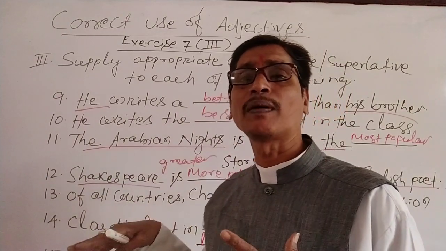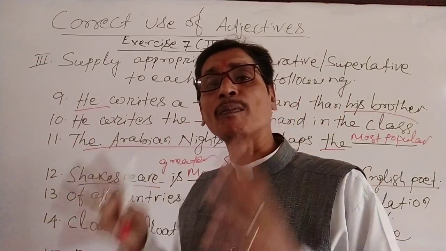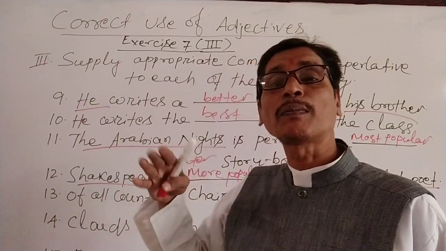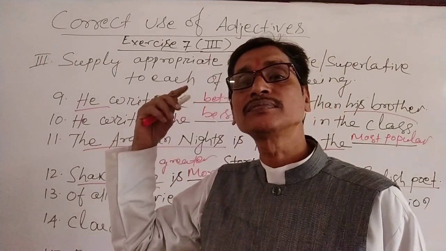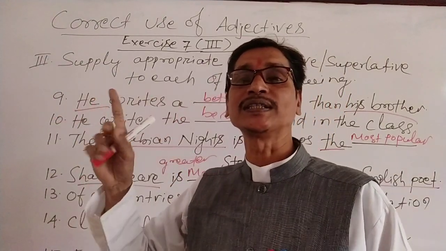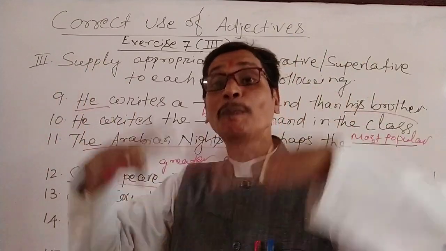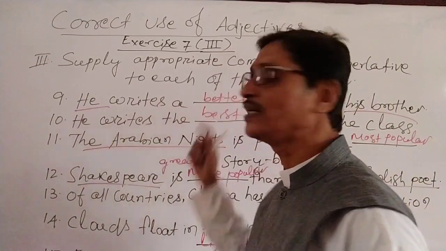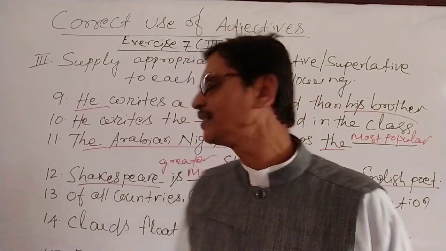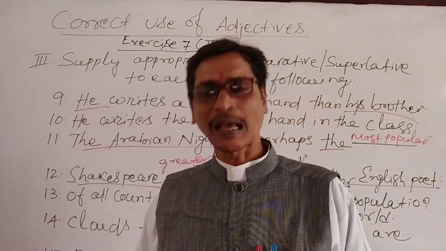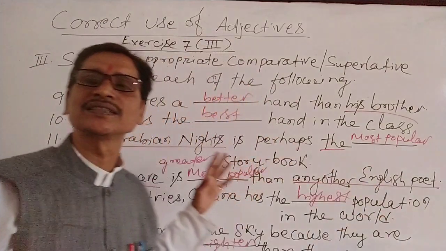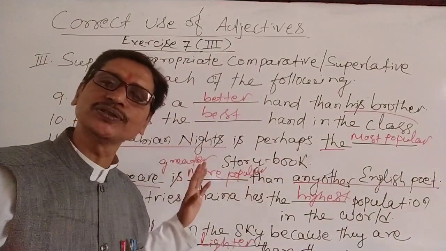When we are comparing, we use comparative degrees. When we talk about a single thing which is more superior than others, then we use the superlative degrees in the blank spaces.